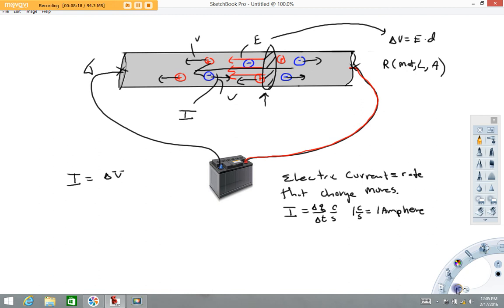So electrical resistance gets bigger with length, but it gets smaller with area. So we can actually write a little equation for this. The electrical resistance is directly proportional to the length, meaning equals some constant times the length, but falls off with area. Now, the electrical resistance hinders current.